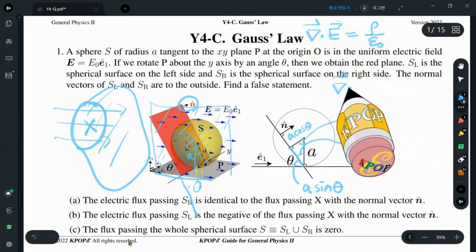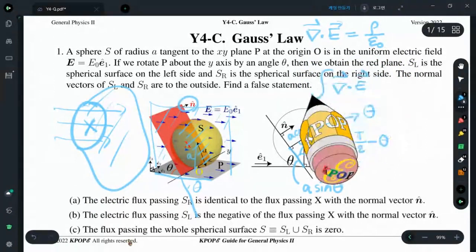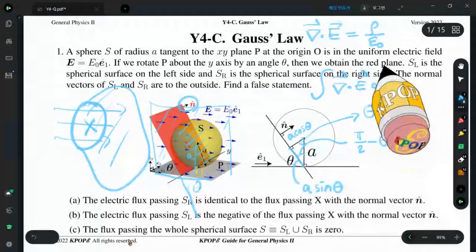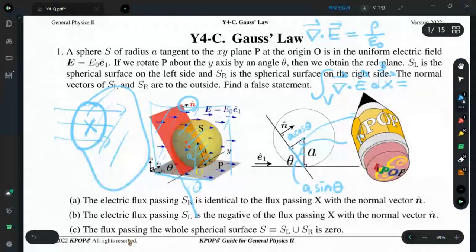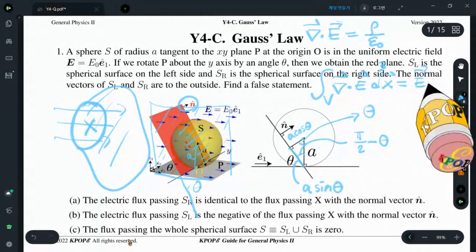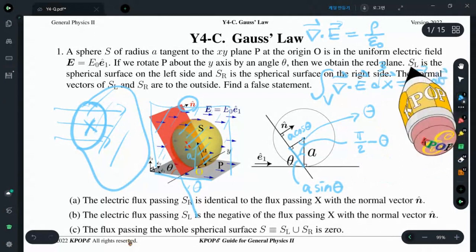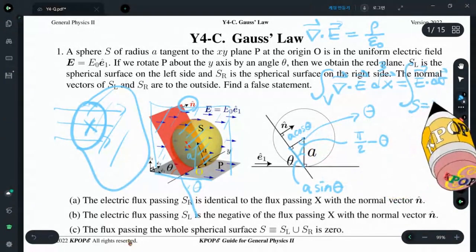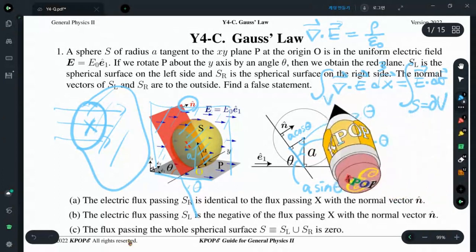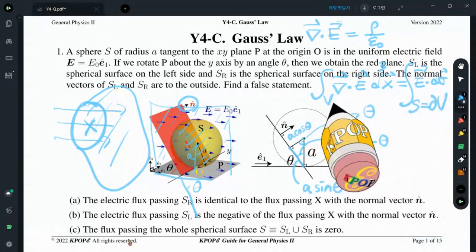This divergence E integrated over some volume, according to the divergence theorem, must be the same as the surface integral, whose surface is the boundary of this volume.